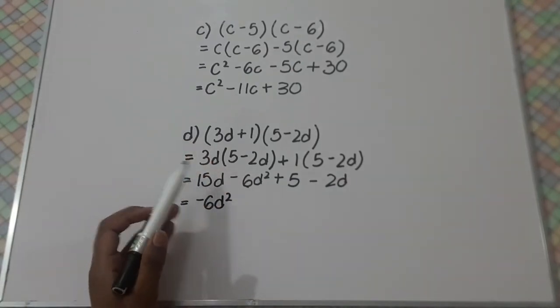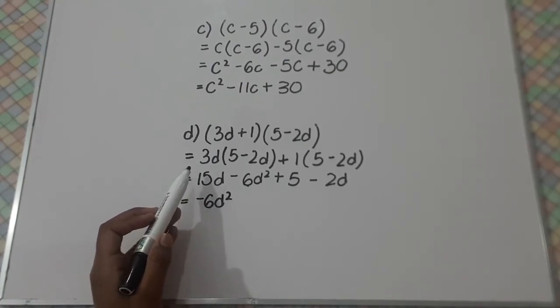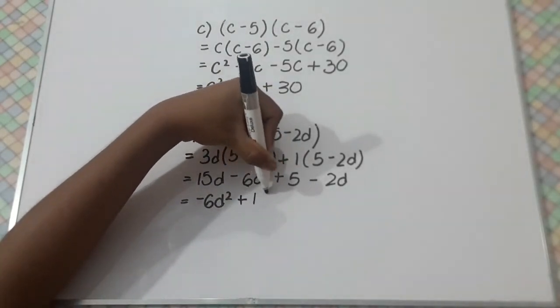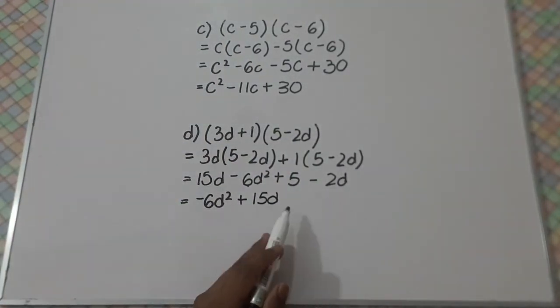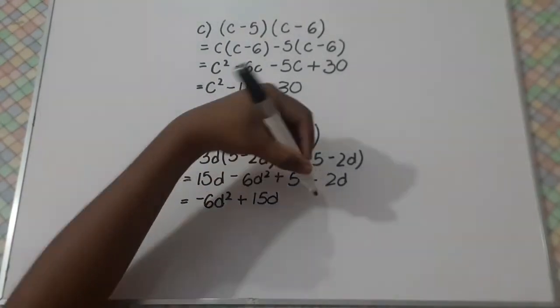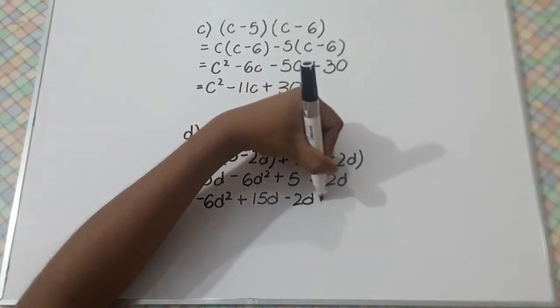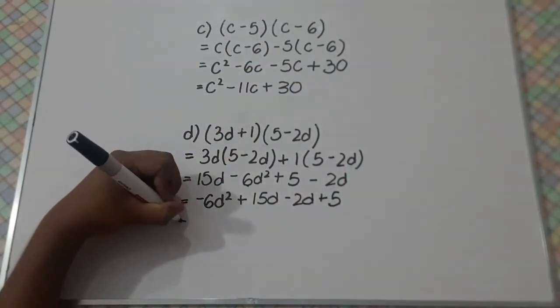And then 15 it is, as it is a positive number, so plus 15D would be here. Now minus 2D would be shifted over here, and plus 5 at the end.